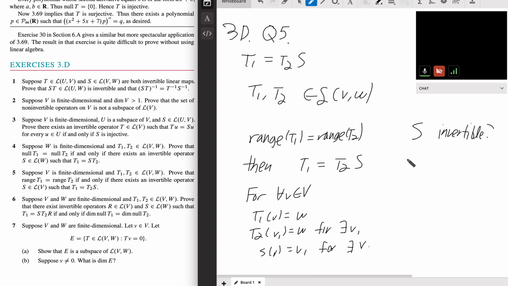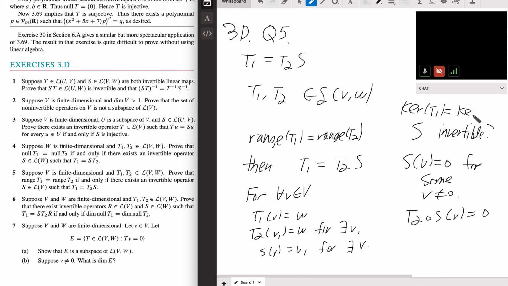So let's say that indeed the kernel is not 0, right? S of V is equal to 0 for some V which is not 0. And T2 composed with S of some V is equal to 0. But previously I think we showed that kernel of T1 is equal to the kernel of T2.